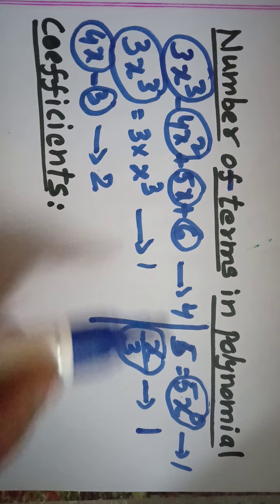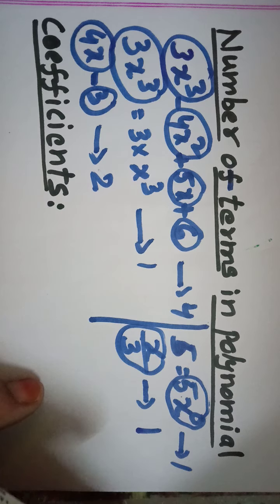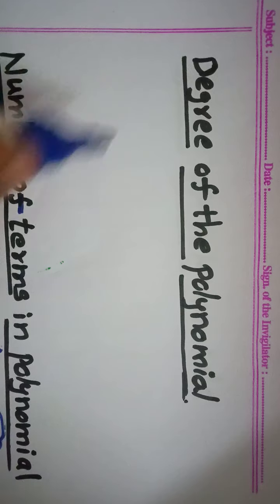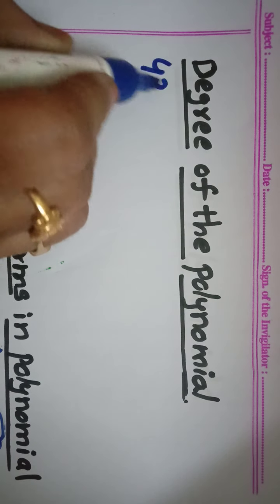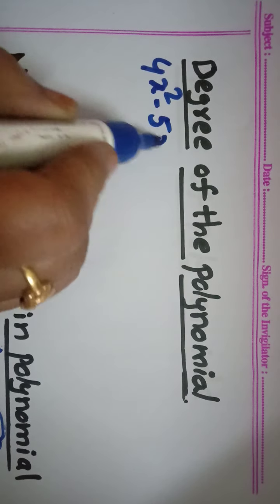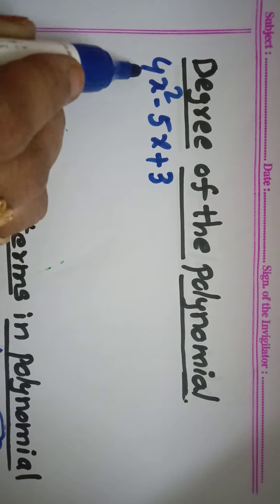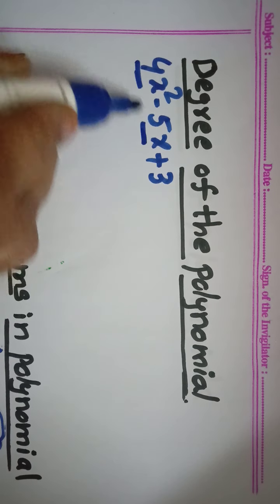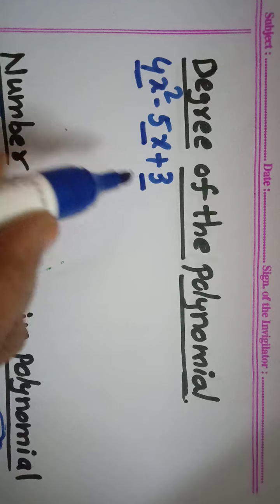So the next topic is, what is the degree of the polynomial? How can you find the degree of the polynomial? Suppose 4x square minus 5x plus 3. Here 3 terms are there: first term, second term, third term.